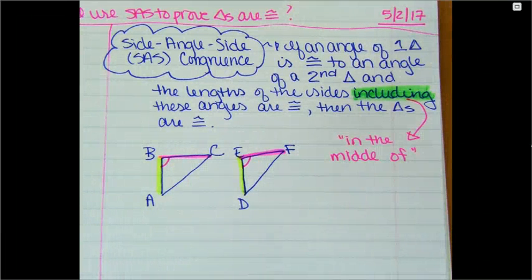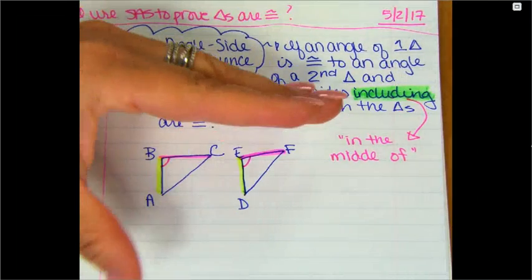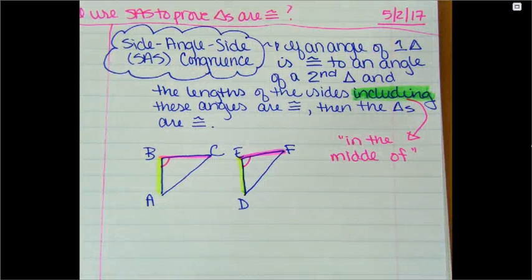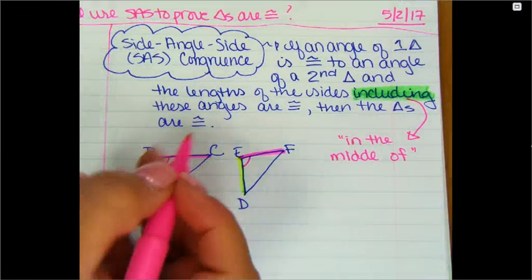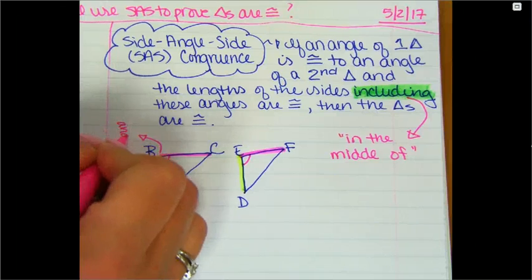Does that make sense? The angle has to be in the middle of those two sides. Okay? So think of it as just like the big angle. Like there's the angle, just like that. So here's my side. Here's my angle.